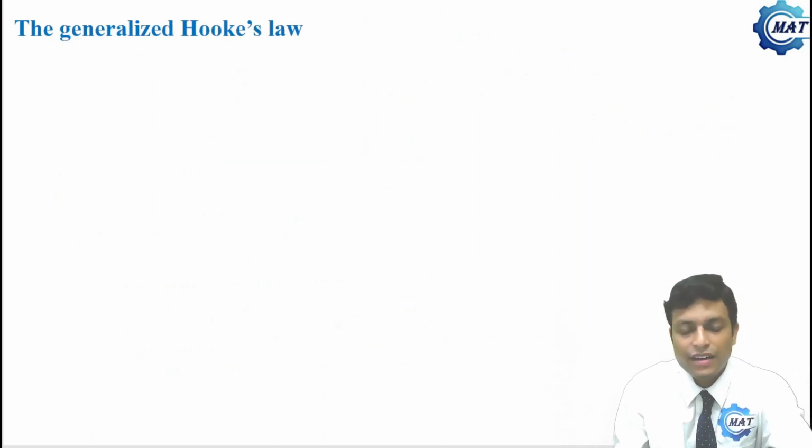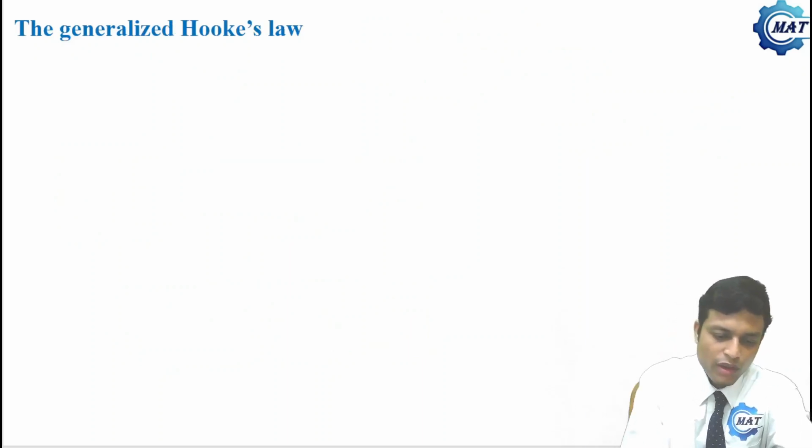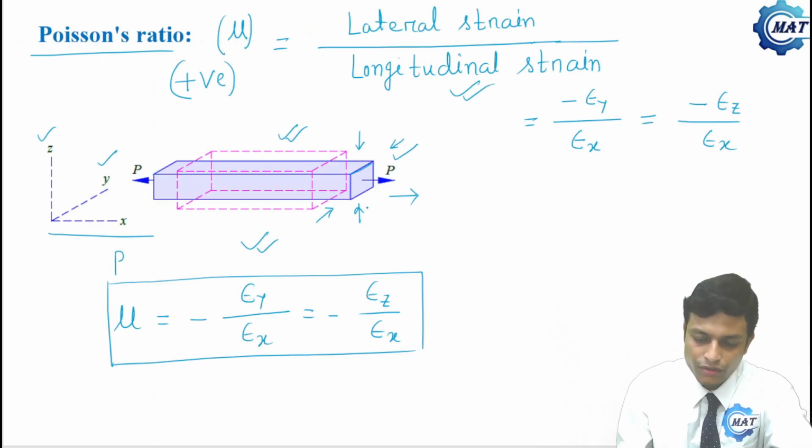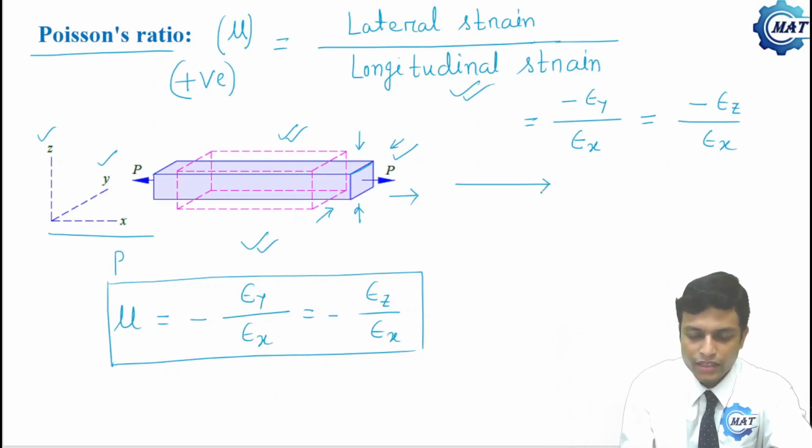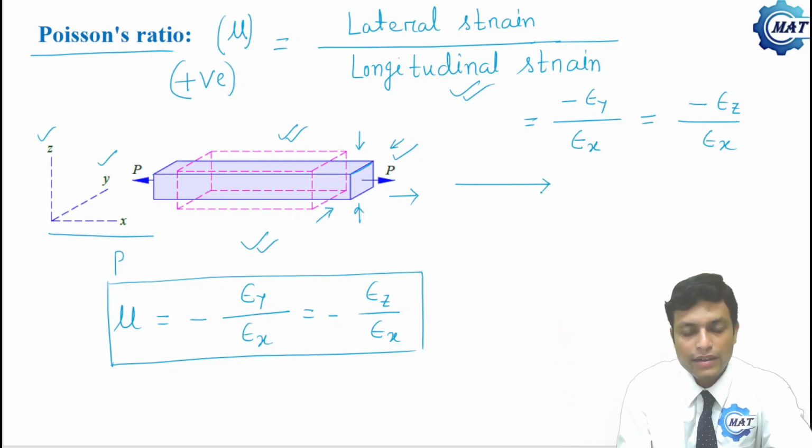Now what is generalized Hooke's law? What we have observed in Poisson ratio, in this configuration, is that when a component is subjected to tensile load in the longitudinal direction, in the other two perpendicular directions the component has reduced its dimension.